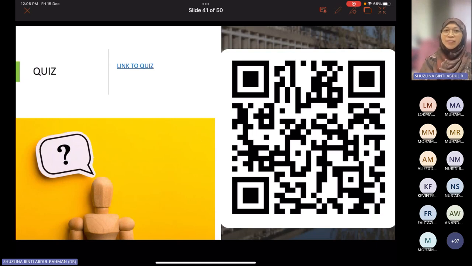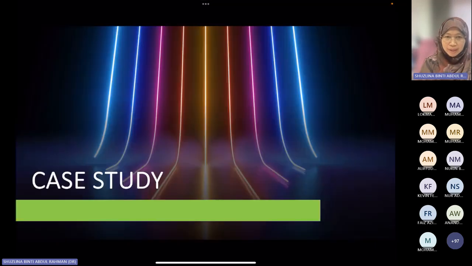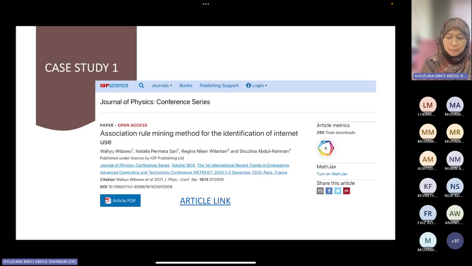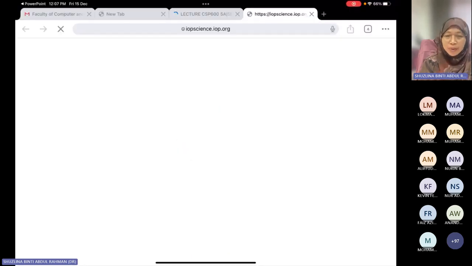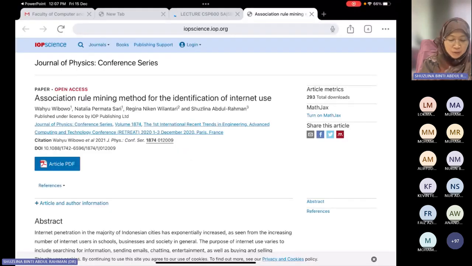Okay, there are only a few slides for the last part, which is the case study. So I prepared two case studies of my past work. The first one is on the use of association rule mining method for the identification of internet use. I provide the link for you to look at this paper if you have time later on.